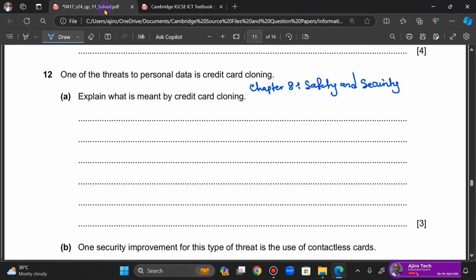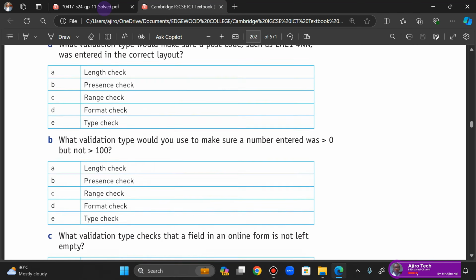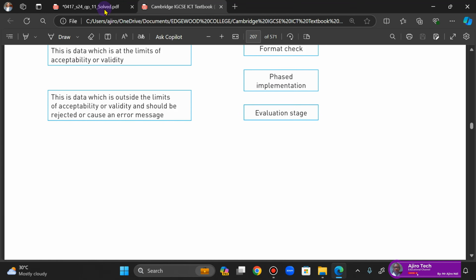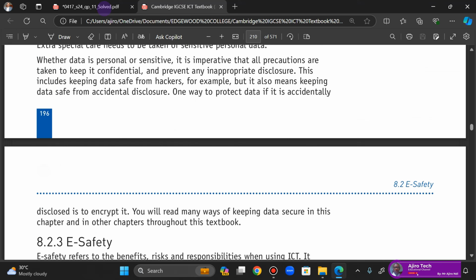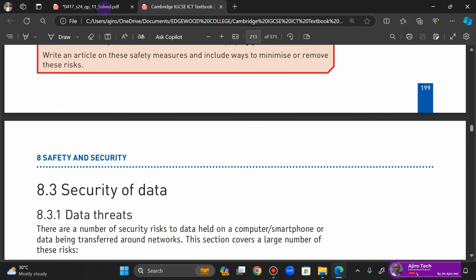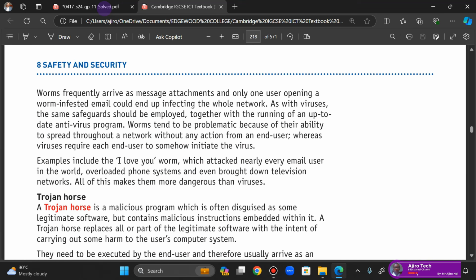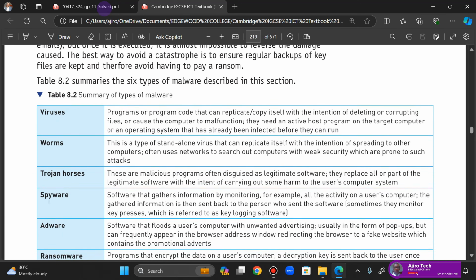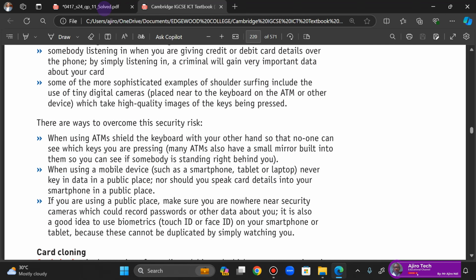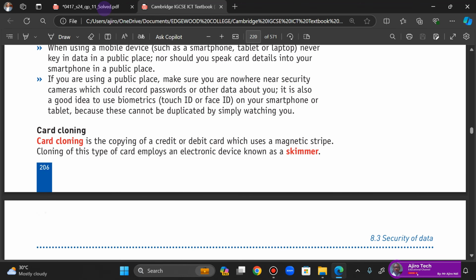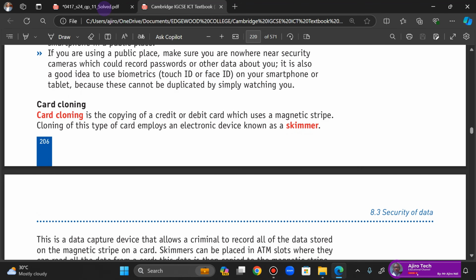So we use what we call a skimmer. Let me get it for you. Somewhere here. Yes, after shoulder surfing is card cloning. Credit card cloning is the copying of a credit card or debit card using a magnetic stripe. So that's what it means.